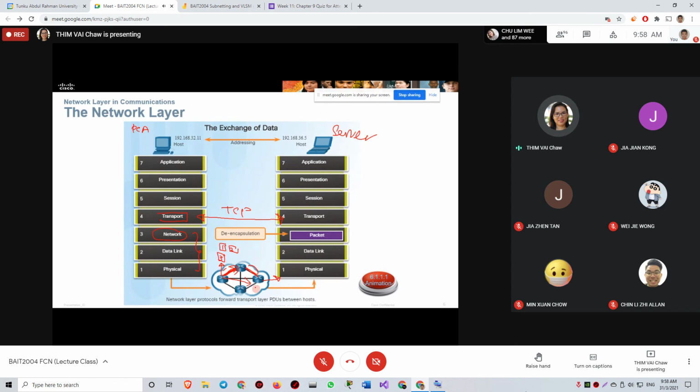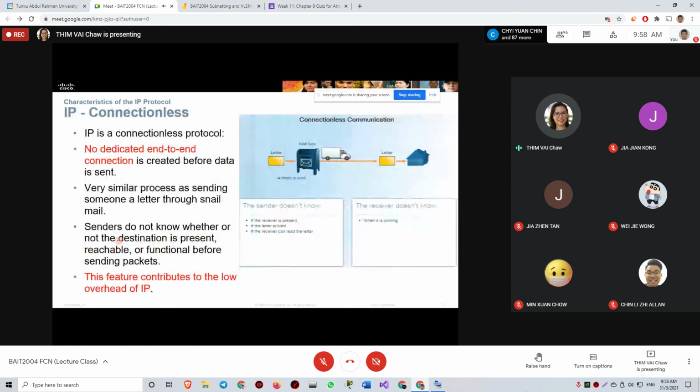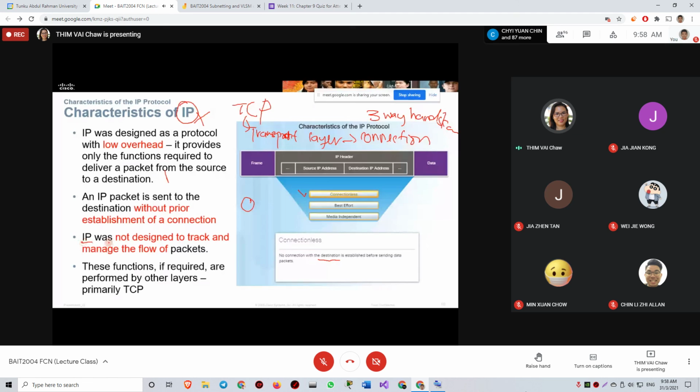So they are using different paths. So the router itself is not able to determine whether a packet is lost or not at that moment, because different packets can use different paths. So this is the reason why the internet protocol is not designed to do tracking and manage the flow of the packets. That's why it is best effort to deliver your data. Best effort to deliver data.